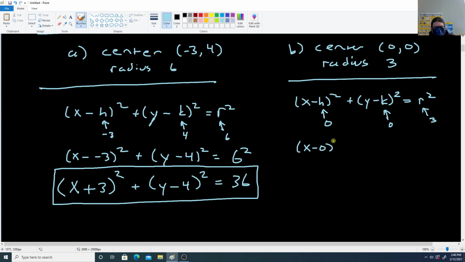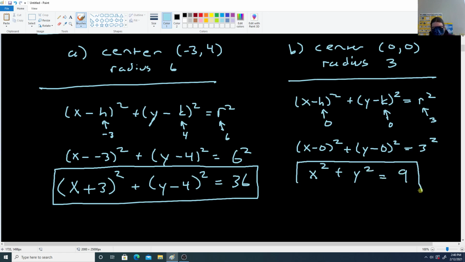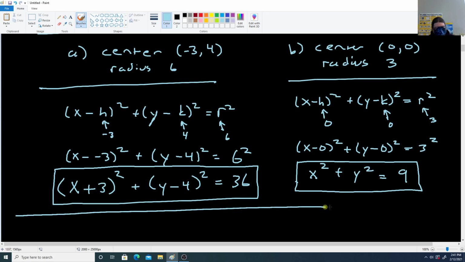So I get x minus 0 squared plus y minus 0 squared equals 3 squared. X minus 0 is just x. Y minus 0 is just y. And 3 squared is 9. So this will be the equation of our circle in that situation. If they tell you the center and the radius, it's pretty easy to solve the problem.